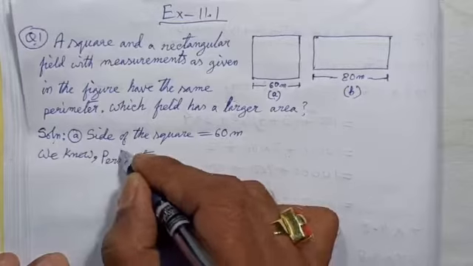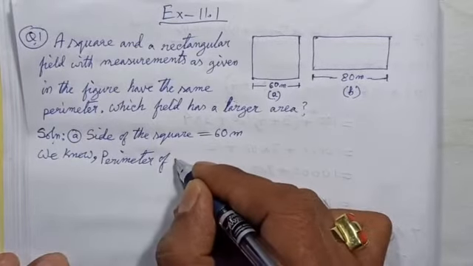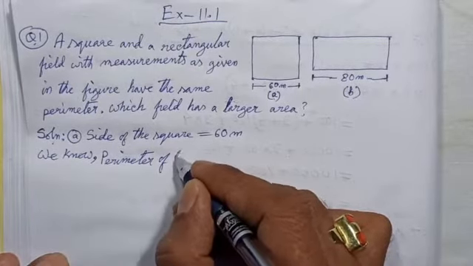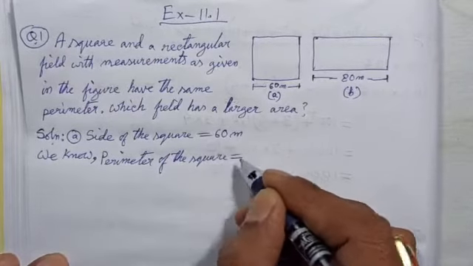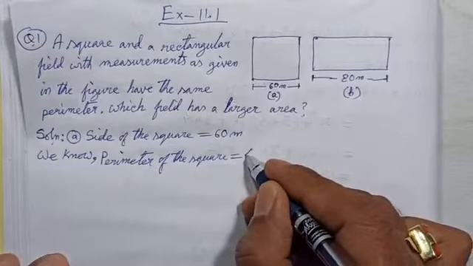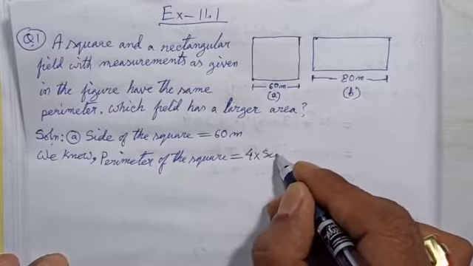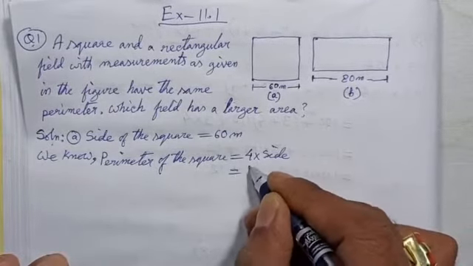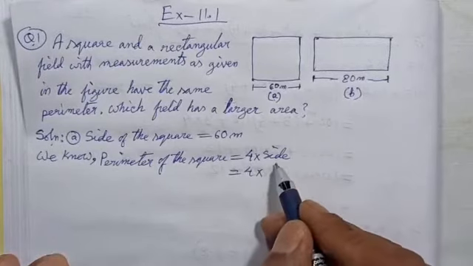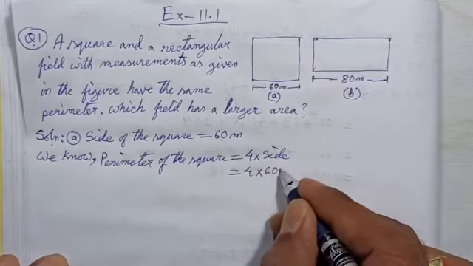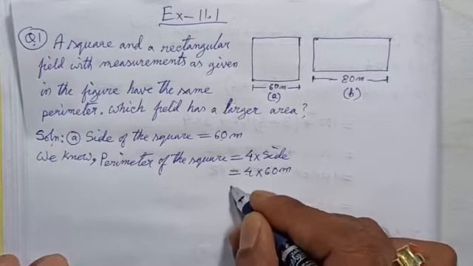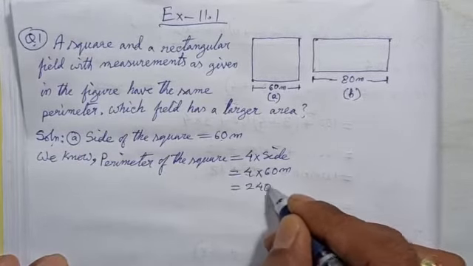Perimeter of the square is equal to, the formula to find out perimeter of a square is 4 into side. So 4 into side is equal to 4 into 60 meter. 4 sixes are 24, so we are getting 240 meter.